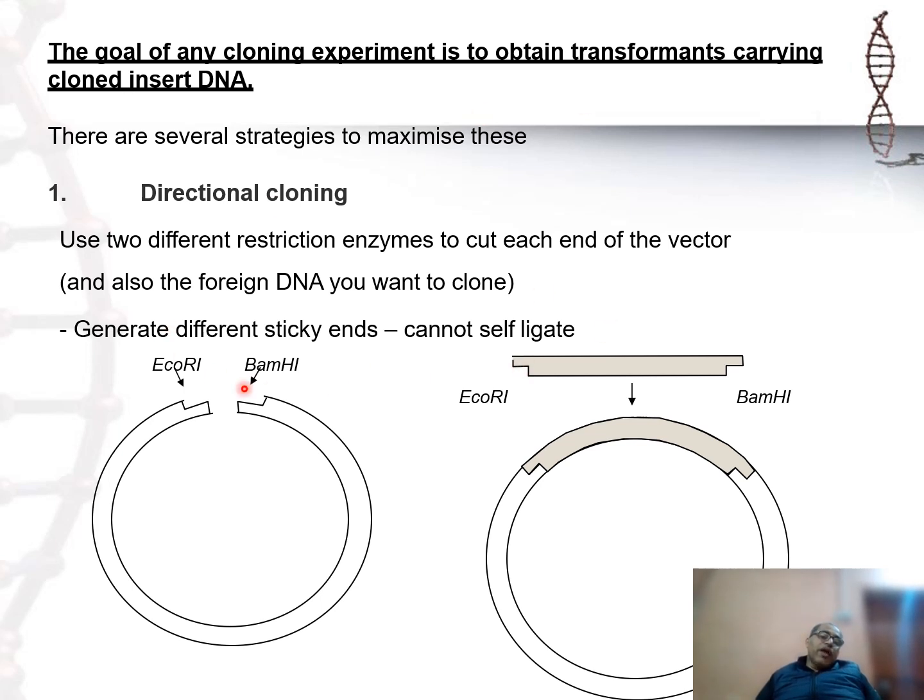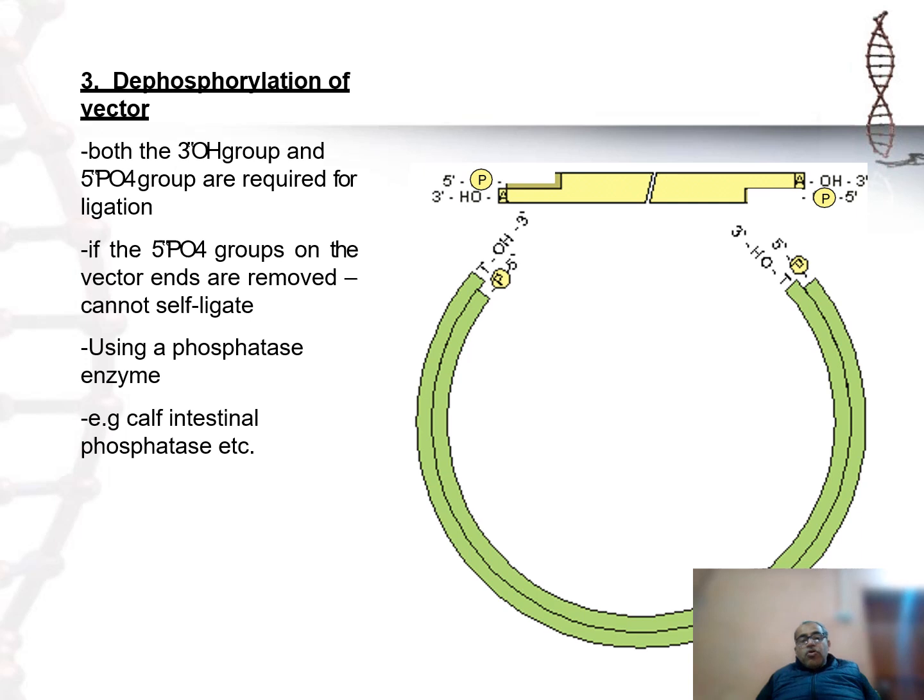Directional cloning: you can use two enzymes for the directional cloning of your particular gene into plasmids. Dephosphorylation: we use a phosphatase enzyme to remove the phosphate group, and that would not allow self-ligation of the plasmid.